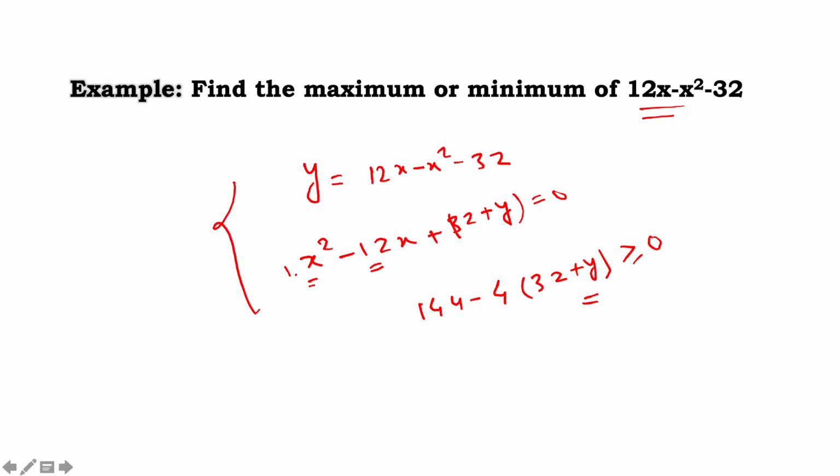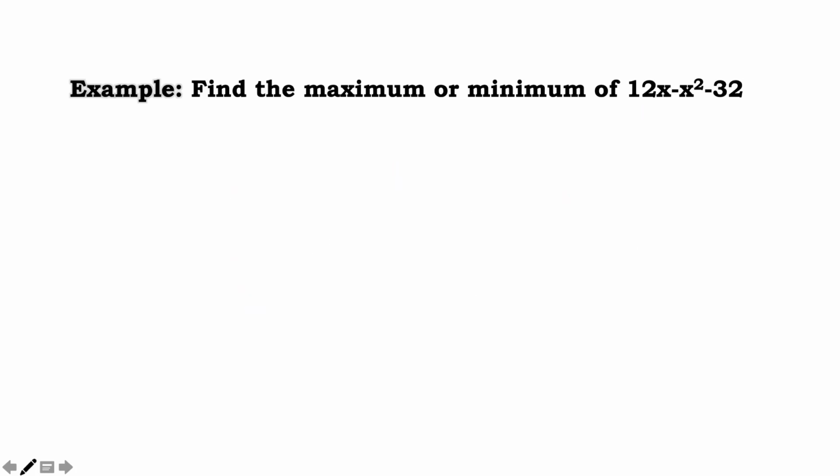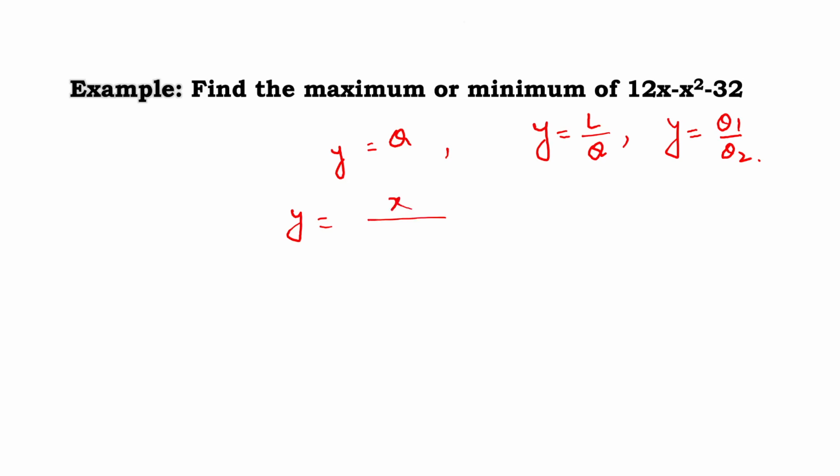But this is the best method, which you can apply not only for y equal to quadratic, but also for linear upon quadratic, or for quadratic upon quadratic, right? So cross multiply this and make the quadratic. Like if it is given y is equal to x upon x square plus 1, multiply this: y into x square plus y is equal to x.